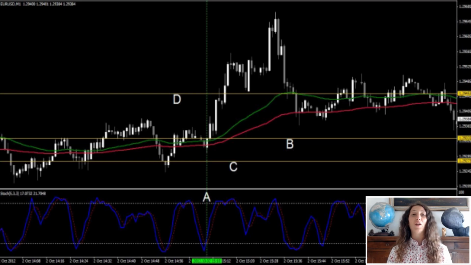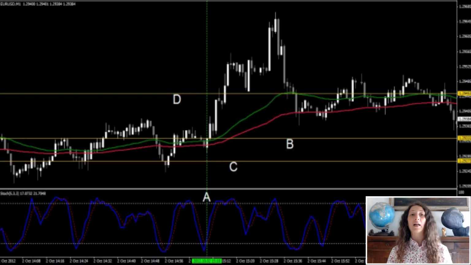A long trade was opened at the close of the signal candle, where all the conditions above were met, along the horizontal line B at 1.29333. Immediately after the long position was opened, a stop loss of 6 pips was set at 1.29273.